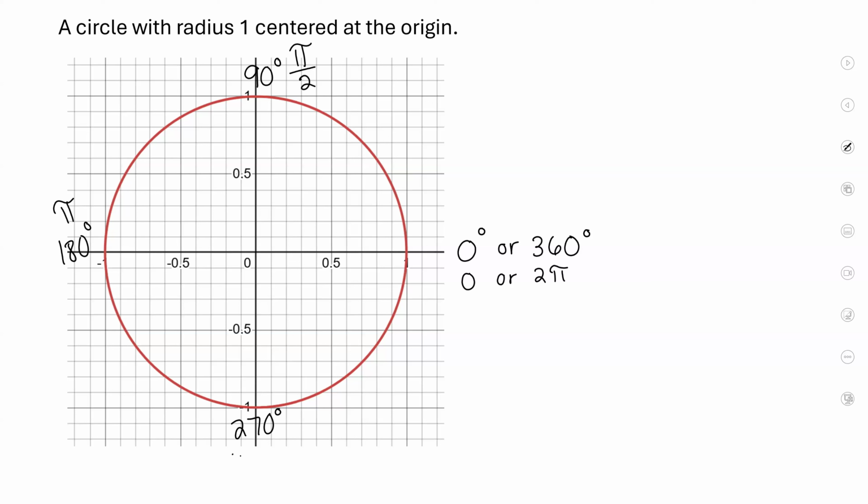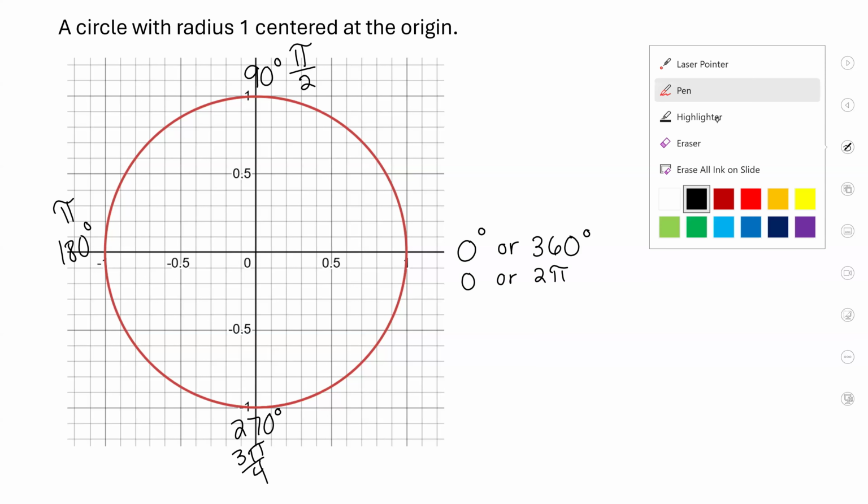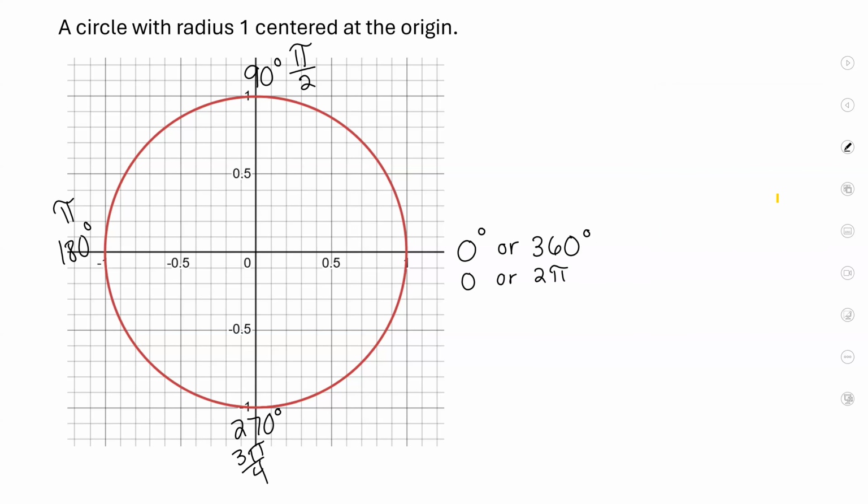This is 3 pi over 2, and that's 2 pi. Are we clear that this is 2 pi, and then this would have to be pi? And then this is half of pi, so that's why this is pi over 2. Okay. So these are my degrees and my radians.